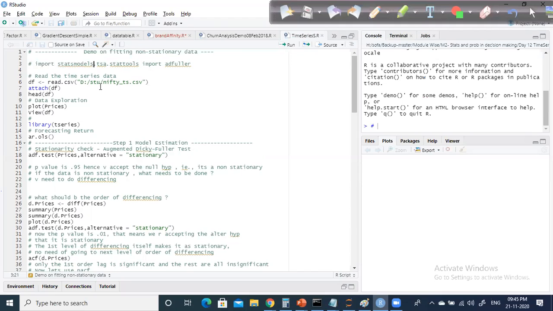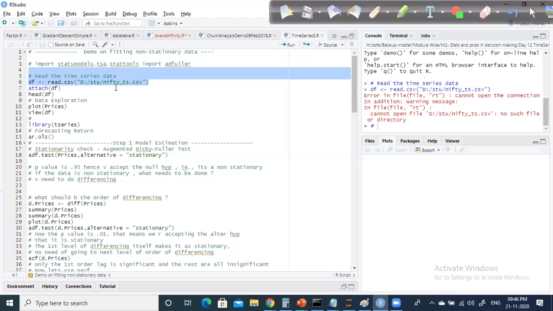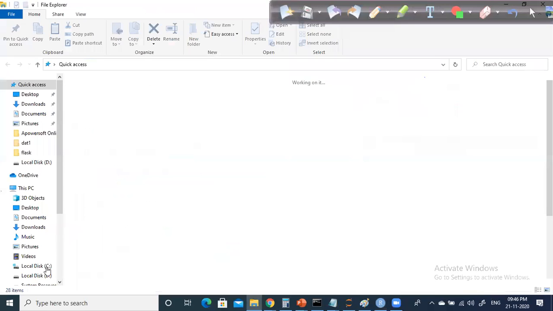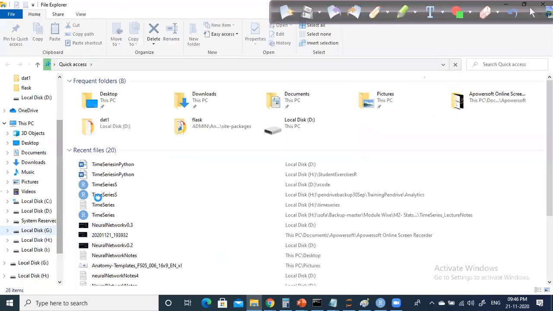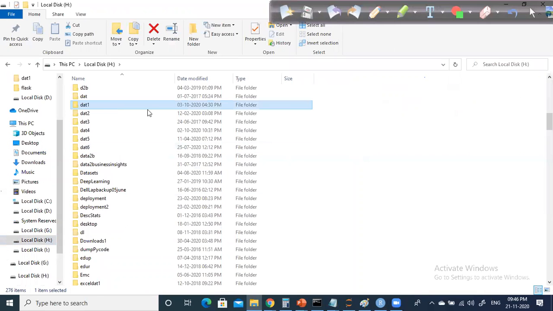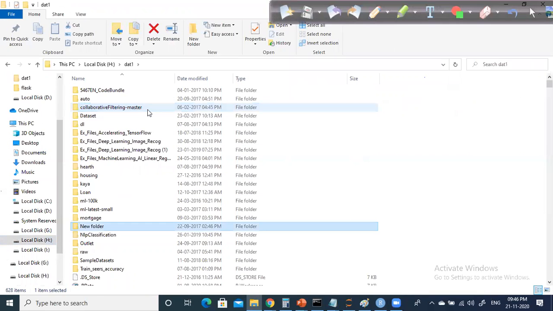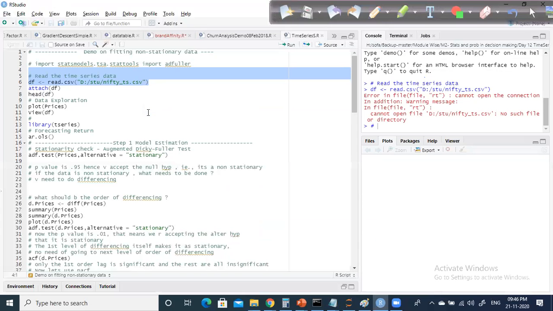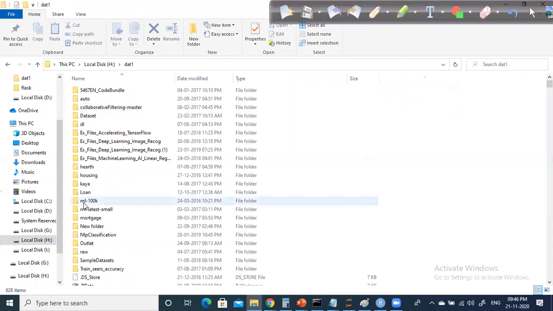Now what we will do is, see here, I ingested this data file. Oh, nifty.tsv is not there. One second. Oh, it is in the stew folder. Okay.